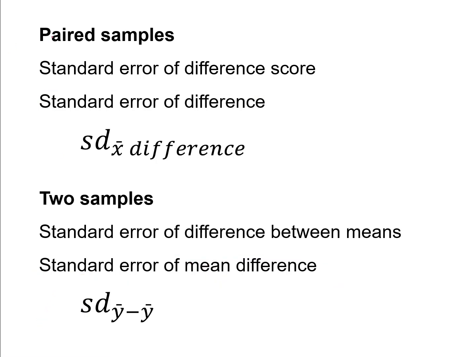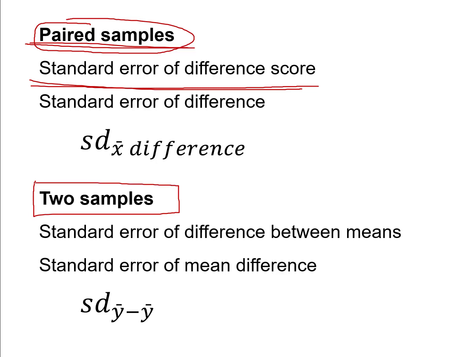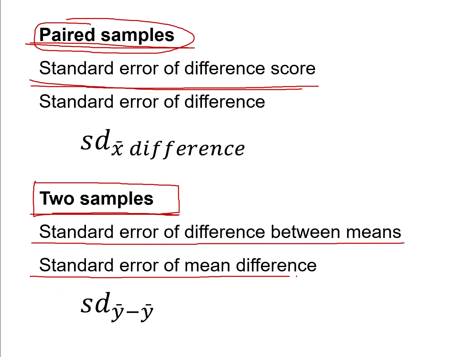Because if we're talking about paired samples, well then the standard error of our statistic has to be the standard error of a difference score. And so anytime I'm talking about paired samples, you know that the standard error of the statistic will be a standard error of difference score. If we're dealing with a two samples analysis where I'm testing a contrast between two means from two different groups, in this situation, our standard error will always have to be the standard error of a difference between means, or what we could call the standard error of mean difference.